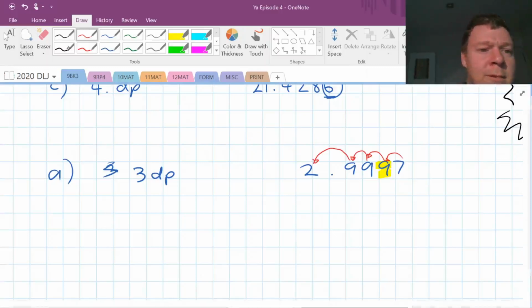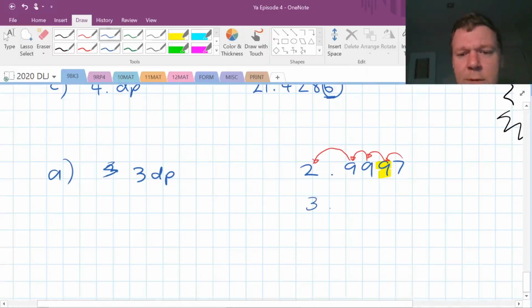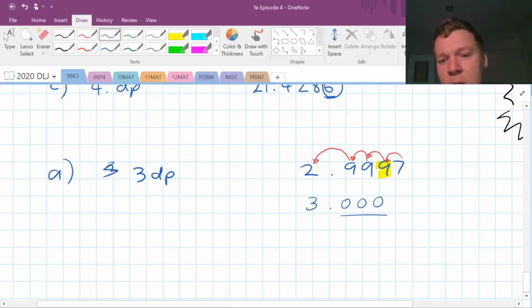So this answer to 3 decimal places is 3.000. So you still show that you've rounded to 3 decimal places by putting 3 zeros in there, even though that is technically the same as 3.